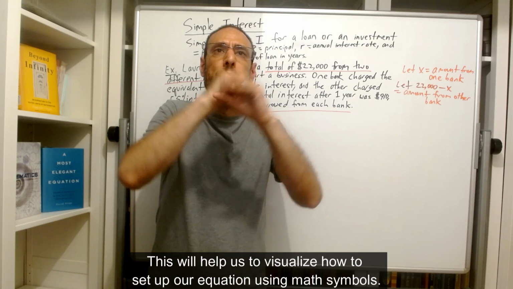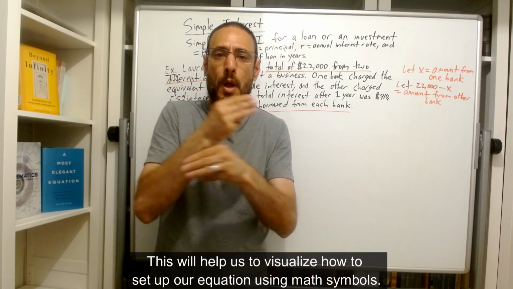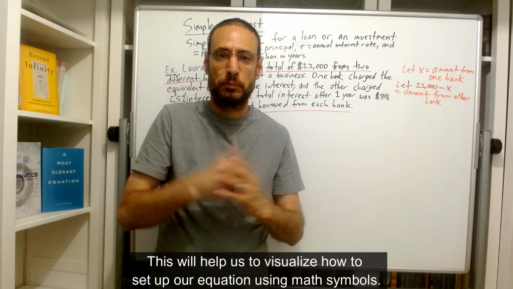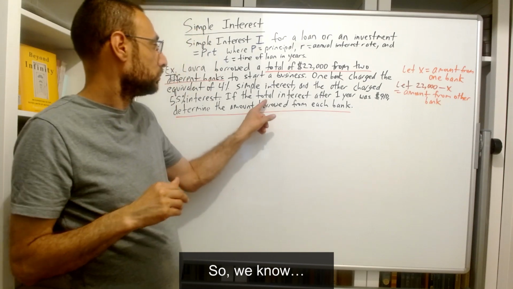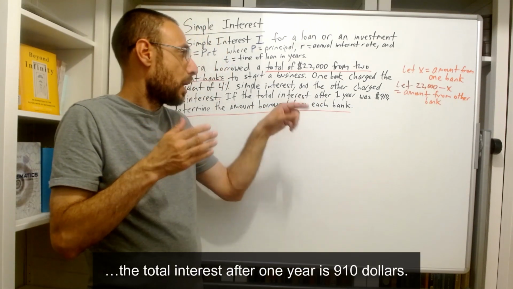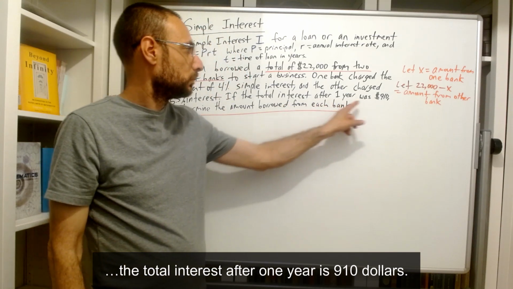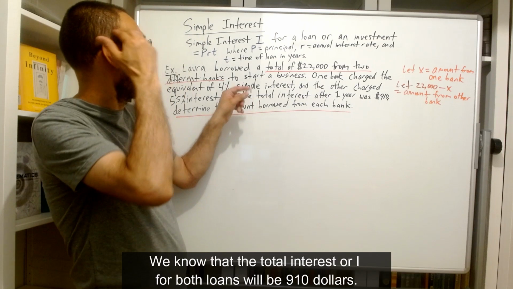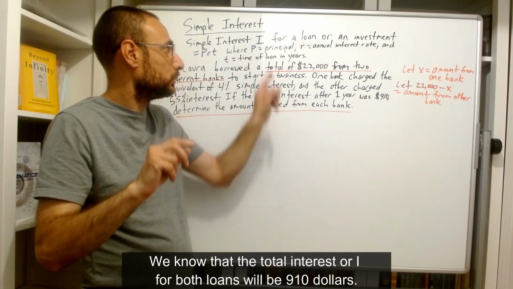This will help us to visualize how to set up our equation using math symbols. So, we know the total interest after 1 year is $910. We know that the total interest or I for both loans will be $910.